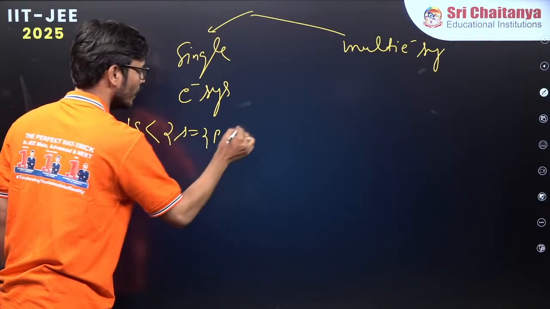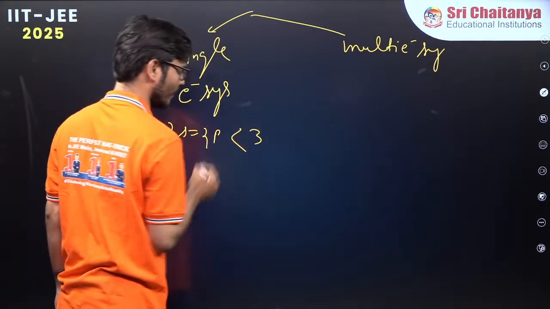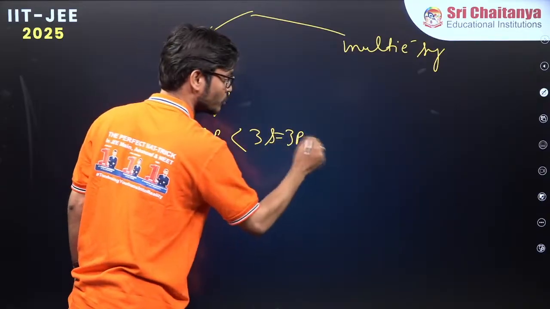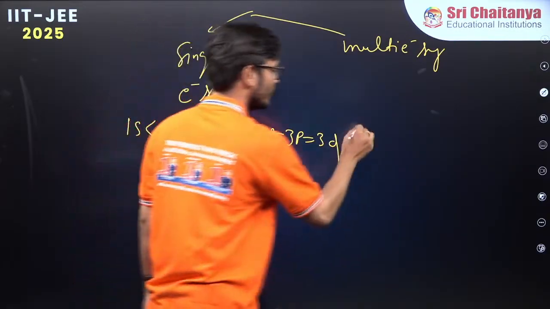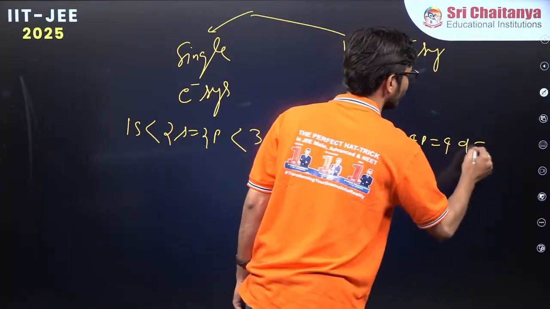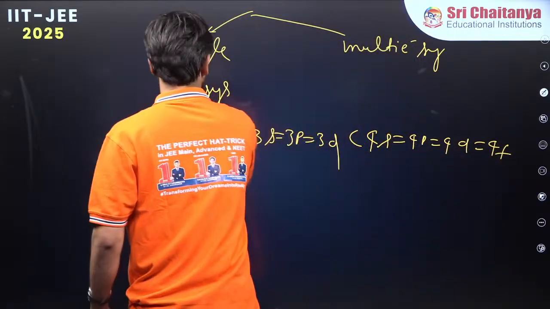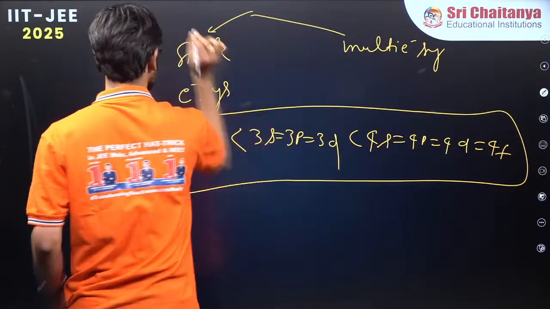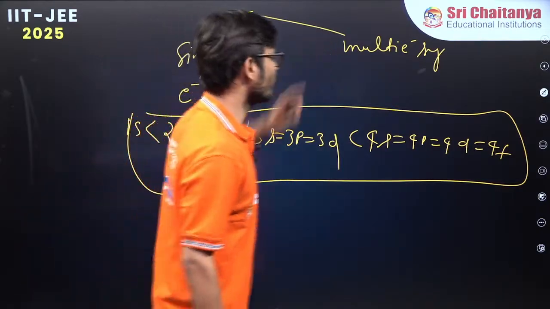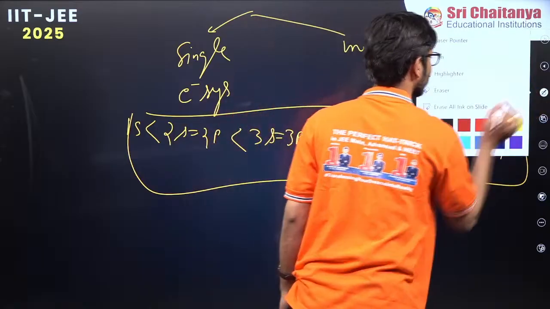Then the third orbit: 3s is equal to 3p, equal to 3d. Similarly 4s is equal to 4p is equal to 4d is equal to 4f. This is true for single electron. But in case of multi-electron, energy will not be the same.